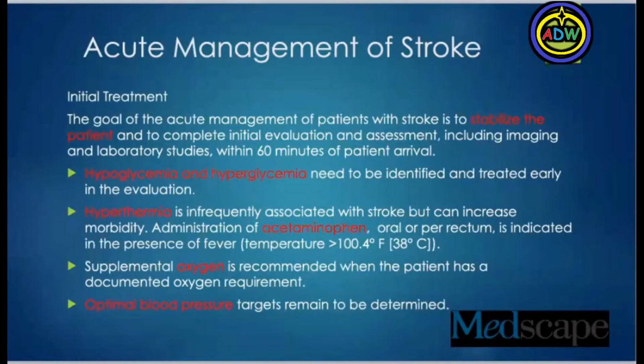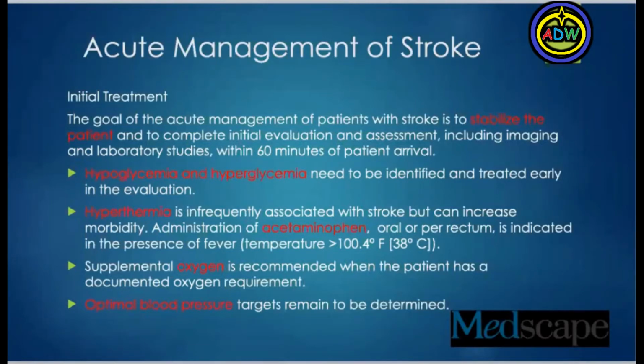CT scan is the gold standard for diagnosis of stroke and to differentiate ischemic stroke from hemorrhagic stroke. It is necessary to differentiate because only for ischemic stroke patients do we give thrombolytic therapy to remove the thrombus or embolus which occludes the vessel, the artery.